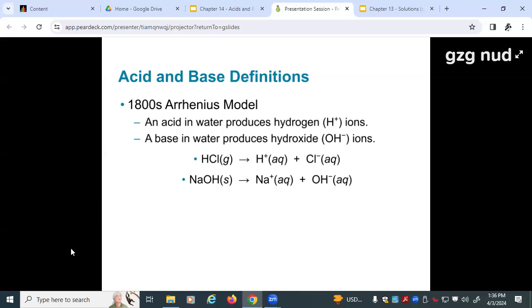Compounds that produce hydroxides in water are bases, and that's why we put that hydroxide, that OH, at the end of the formula. For a considerable period of time, this definition works really well. I can easily identify from a chemical formula what an acid is and what a base is, and what they are not.